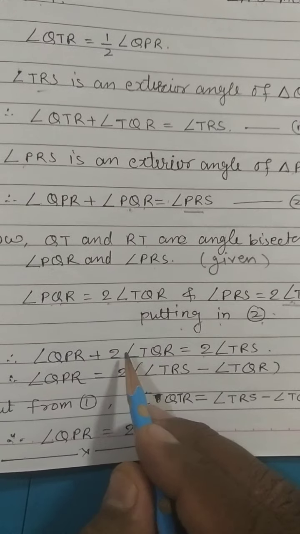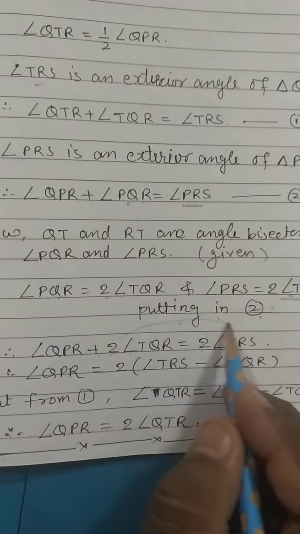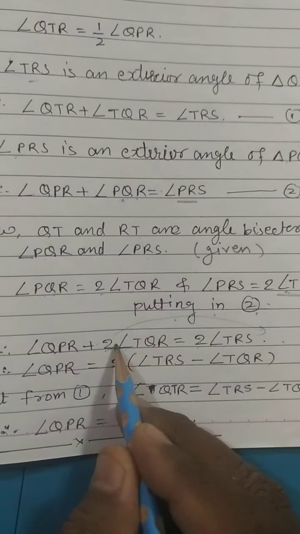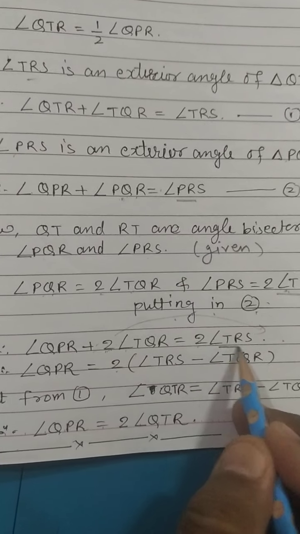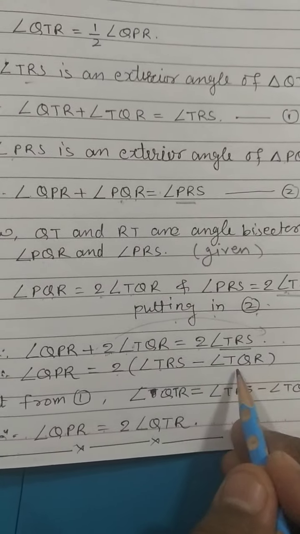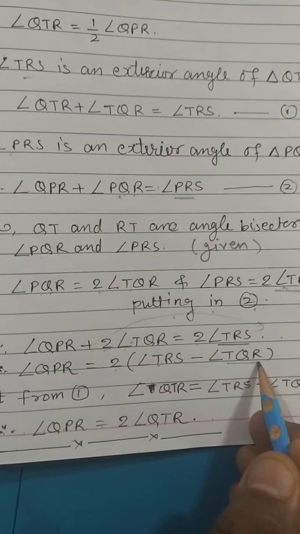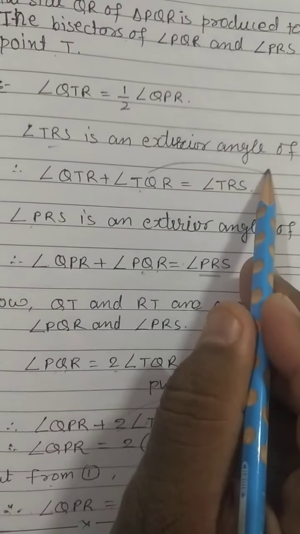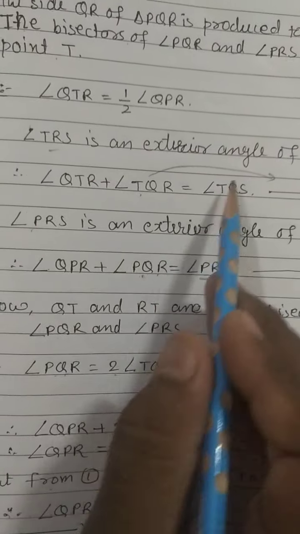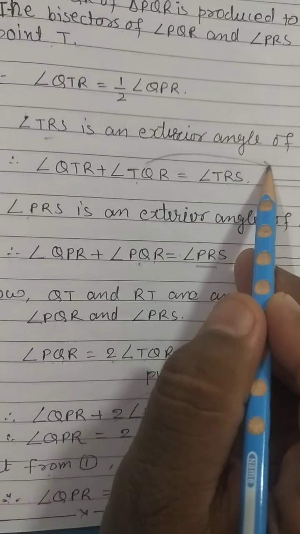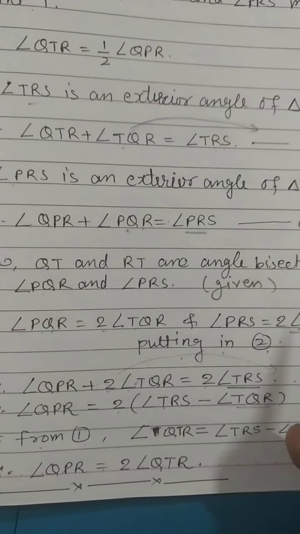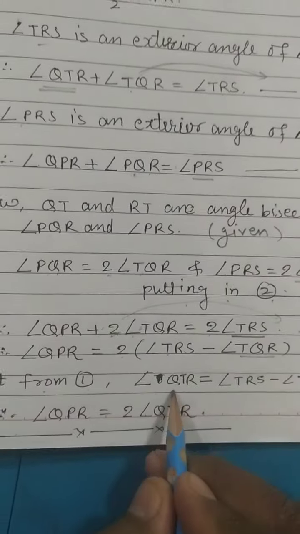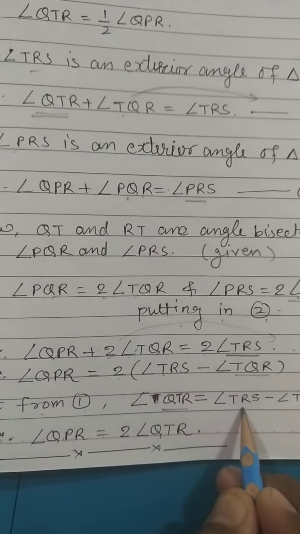So send this 2 times angle TQR to this side, so it will become negative, and take 2 common from both of them, so it will become angle TRS minus angle TQR. Now from result 1 you can check, if we send this TQR term to this side, that is angle TRS minus angle TQR, we will have angle QTR, that is angle QTR is equal to angle TRS minus angle TQR, right?